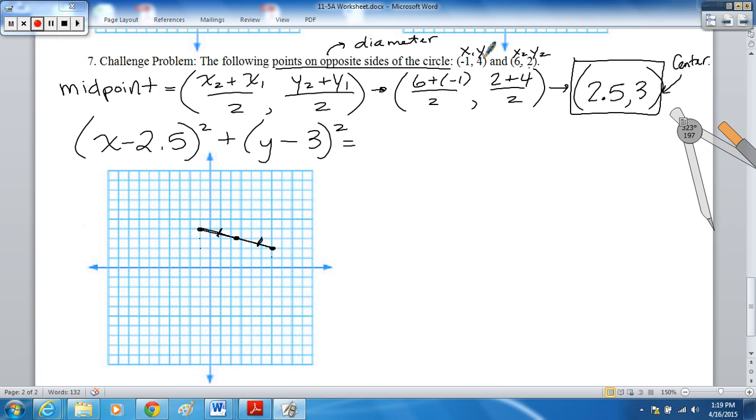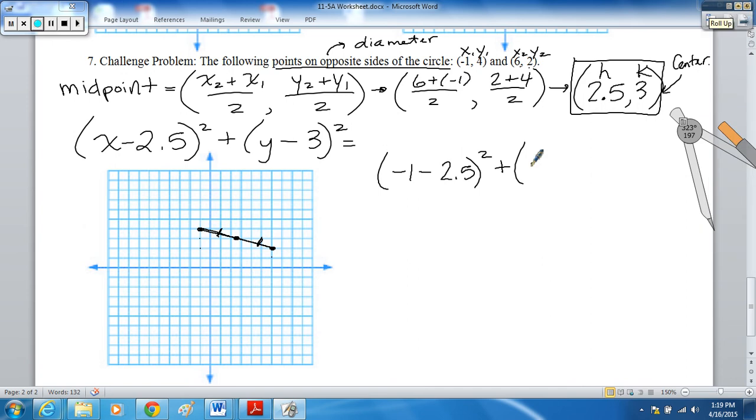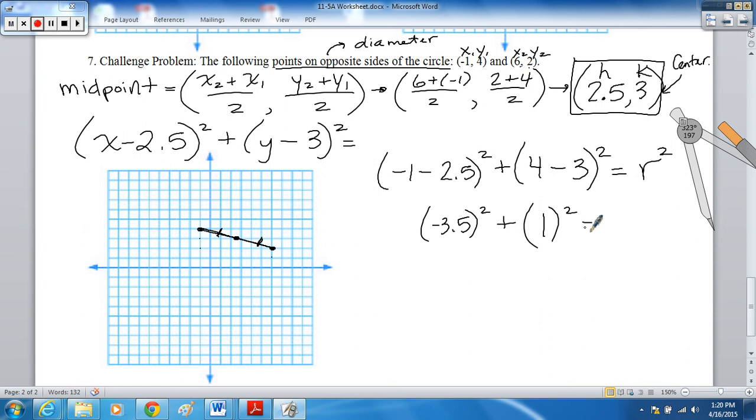And so as I plug this in, this is going to be my h and my k. It's going to be x minus h squared plus y minus k squared is equal to the radius squared. Now from there, you get negative 1 minus 2.5, that is negative 3.5 squared, and you get 4 minus 3, which is 1 squared.